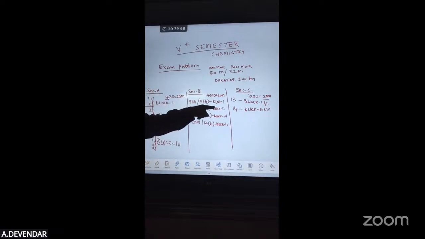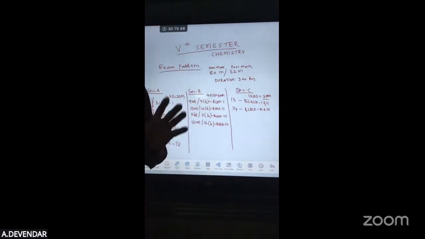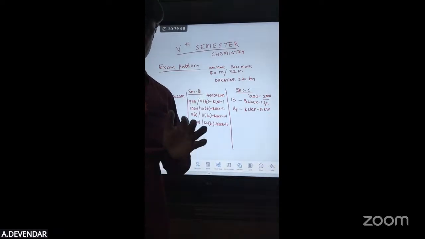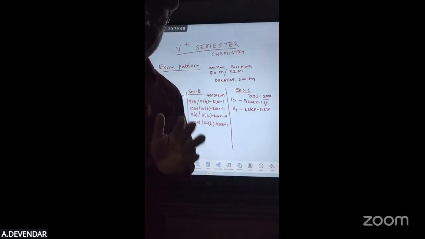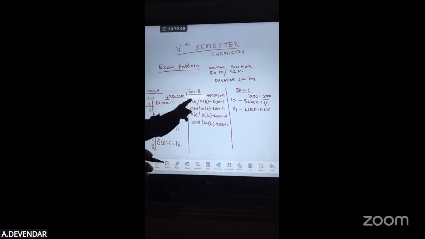You can get 2 questions here, 20, 20, 40 marks. Here you get another 20 marks, 60 marks easily. If you are thorough with only 2 blocks, 50% of the syllabus, you will get 60 marks, the maximum marks. 80% of the marks we can score in this examination pattern.